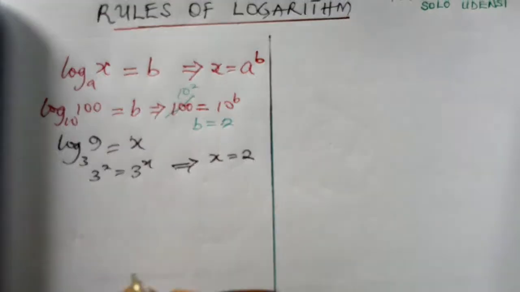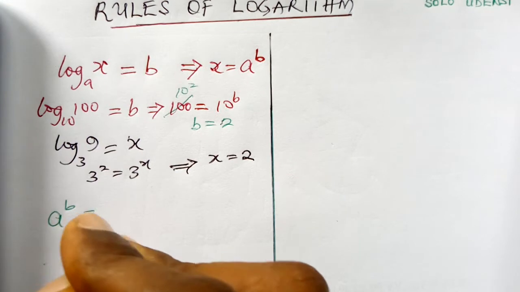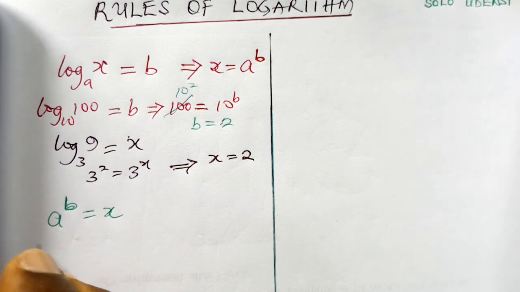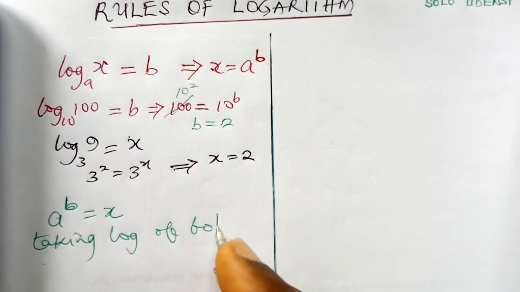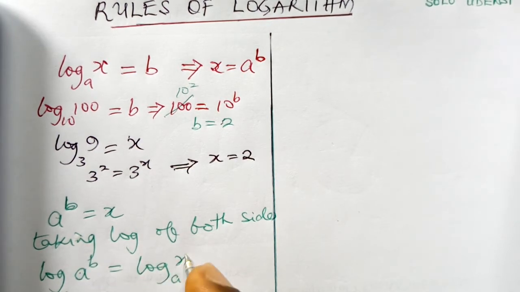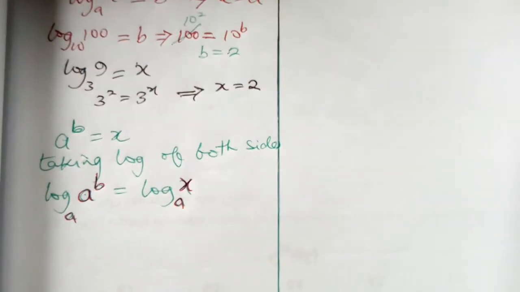So we have seen now that for a number a raised to power b giving us a particular number x, if we take log of both sides, that will give us log base a of a raised to power b is equal to log_a x.